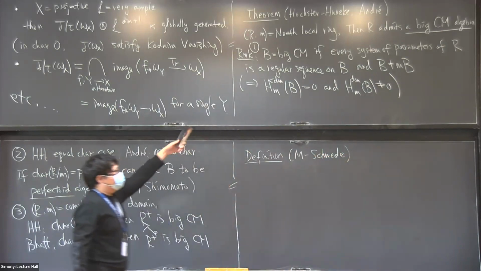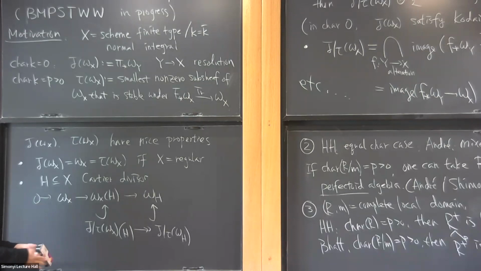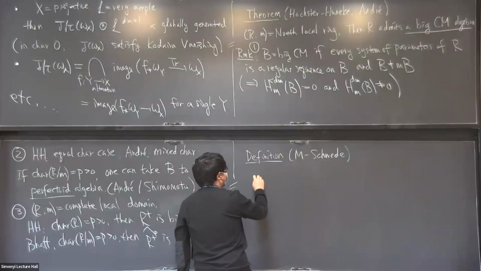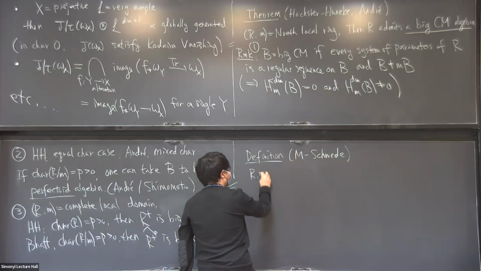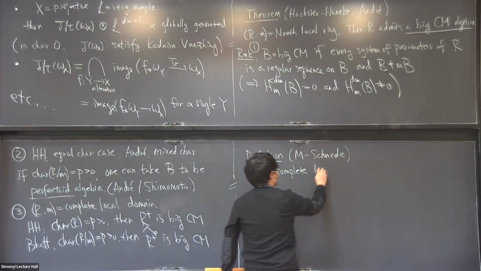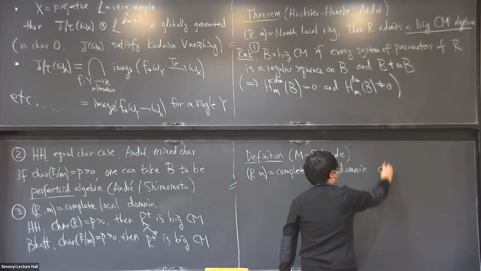Once you have this B, we observe that you can define, at least locally, a test submodule, sort of having a good analog of these local properties. So for simplicity, let me say R is a local domain of residue characteristic p.